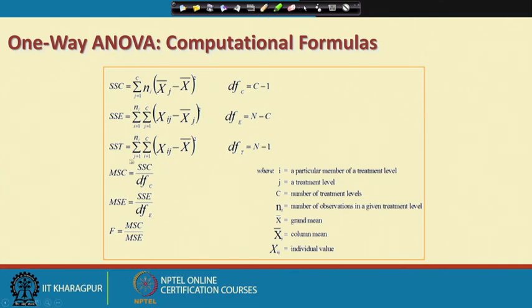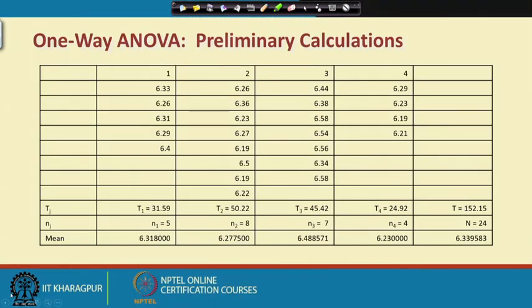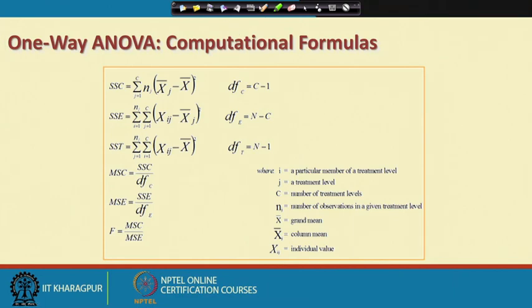MSC is nothing but SSC divided by the degrees of freedom, and this is the SSE divided by degrees of freedom, meaning mean sum of squares.